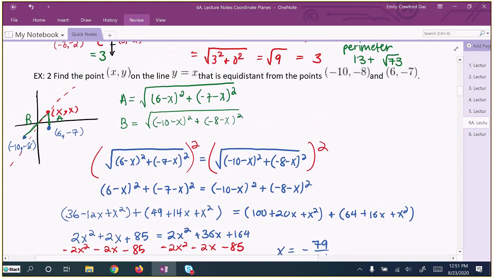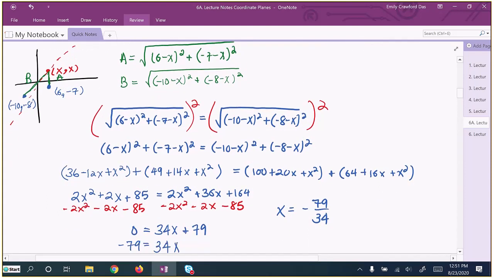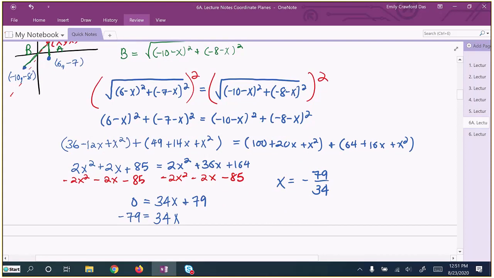But it asked me to find the point (x, y). All I have so far is the x coordinate of the point. I need a point. And I already know that this point is on the line y equals x. That means the y coordinate is the same.